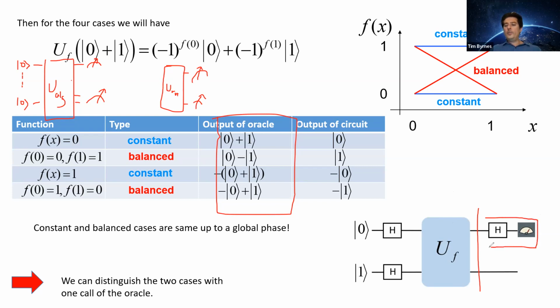This combination of performing a measurement and then a Hadamard before is basically measuring in the plus or minus basis. Because what we want to do is measure in the plus or minus basis, since this thing is equal to plus, this thing is equal to minus, this is equal to minus plus, and so forth.